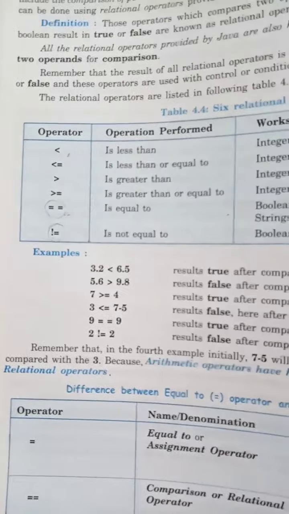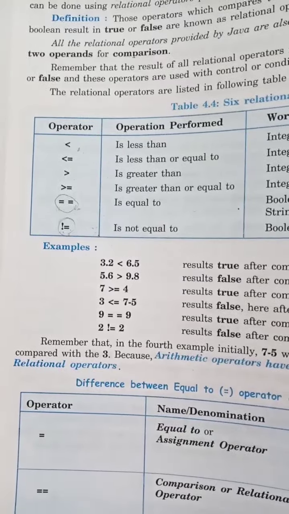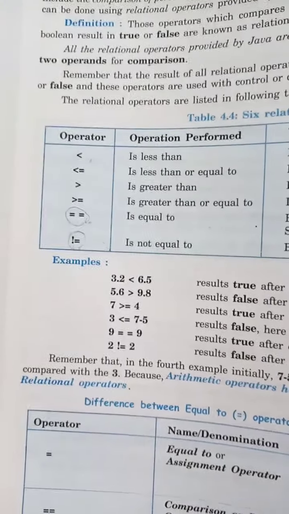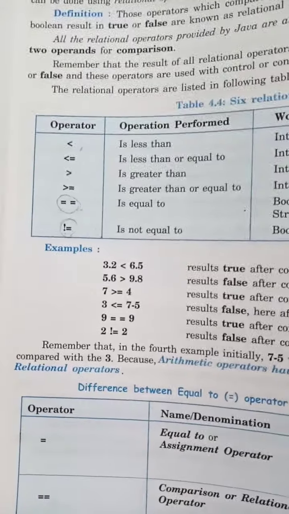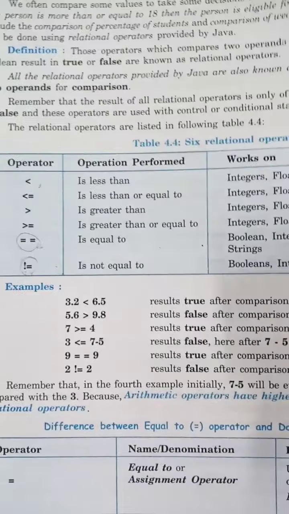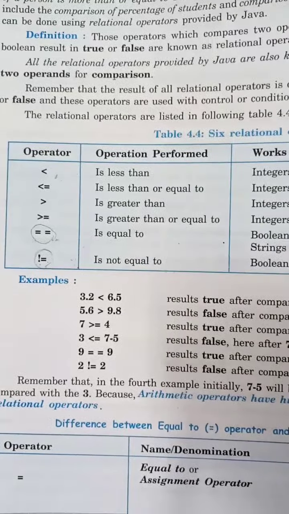The result of the comparison can be true or false, so you will be getting the result in Boolean type, and a Boolean can take either true or false.